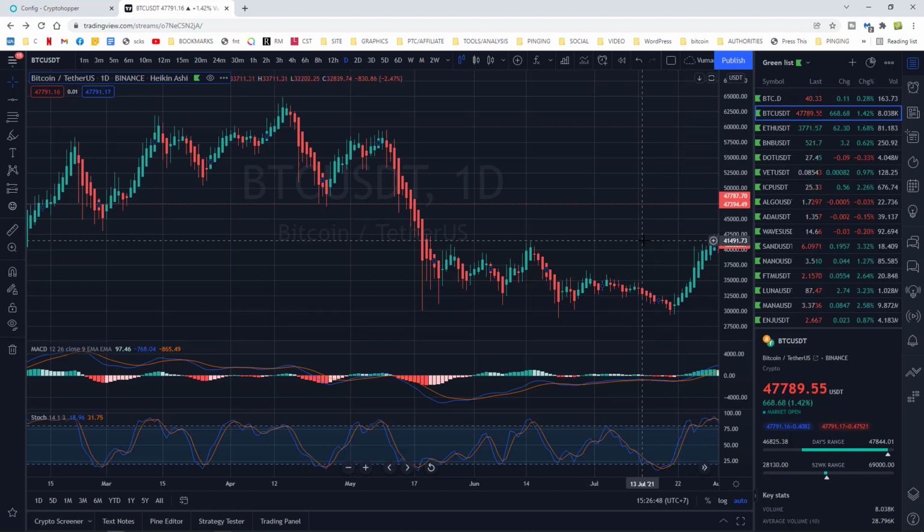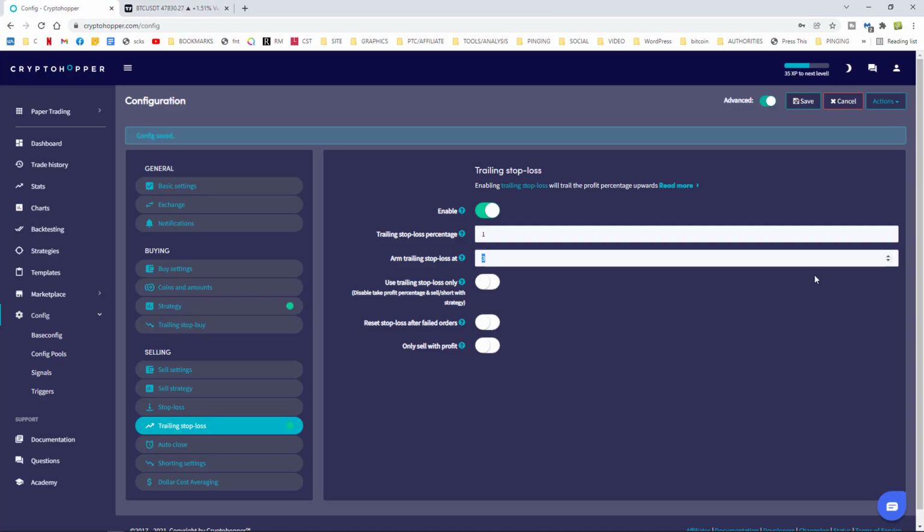Switch the bot on, get greedy, go for a higher number in there, like 7% is activated. So $100 worth of Bitcoin goes up 7%, and then it drops 2%, so it goes back down to only 5% profit, then it sells.